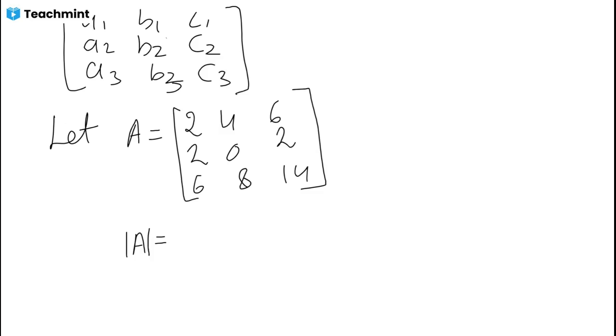If the determinant of the 3 by 3 matrix is non-zero, then we can say its rank is 3. If we get the determinant of the 3 by 3 as 0, then we'll reduce it into 2 by 2 to find its rank.